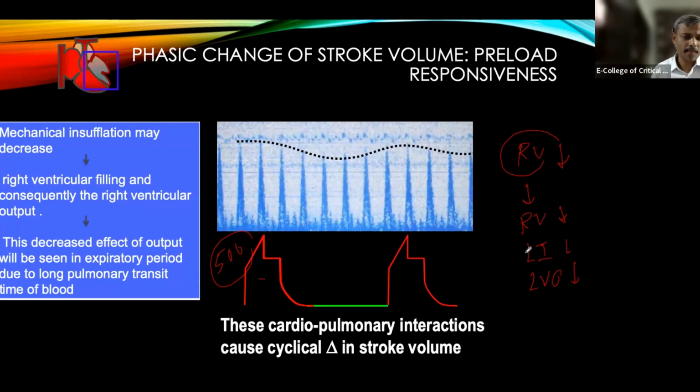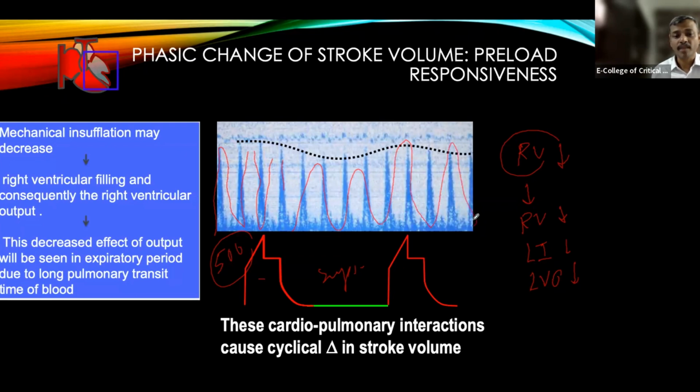But imagine somebody has put an arterial line in. In spontaneous breathing, you can see here arterial pressures are increasing, and in expiration, arterial pressure is reduced. Again, during inspiration, arterial pressure is increasing.